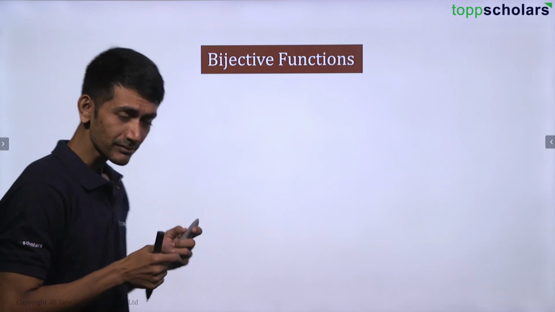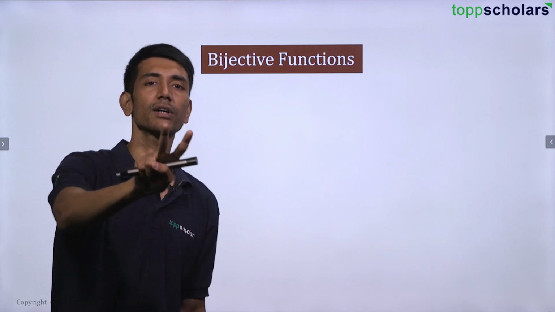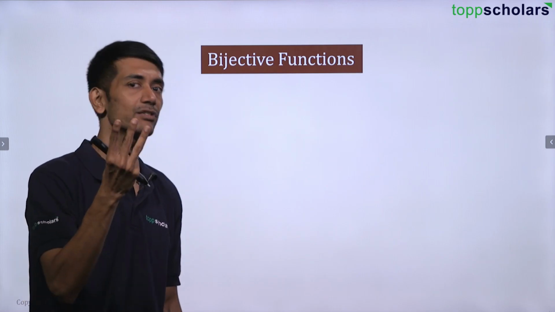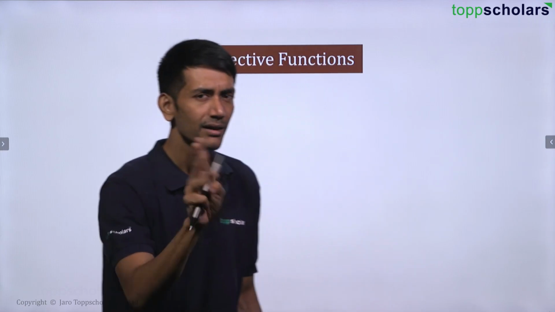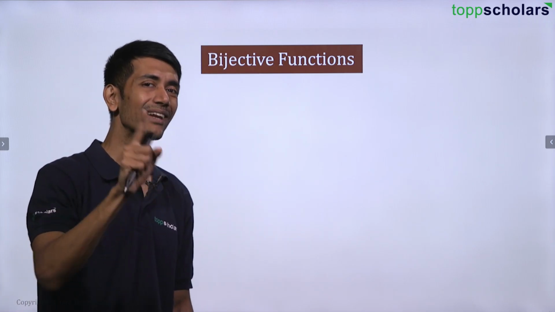Okay. Now let us talk about bijective functions. Bi means two, so it is a combination of two functions. Which two functions? We have studied three functions, right? One-one, onto, and into. But forget about into. Let's focus on one-one and onto.